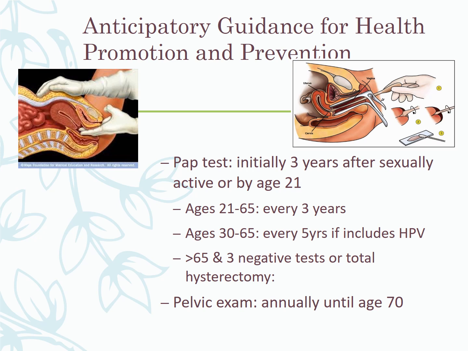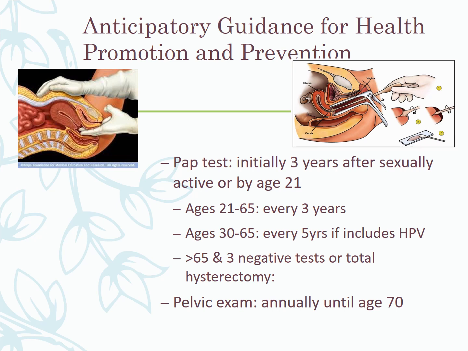Age 30 to 65, every 5 years, if they have HPV. At 65 with 3 negative tests or a total hysterectomy, they might not do it at all. They'll just do a pelvic exam annually until the age of 70.